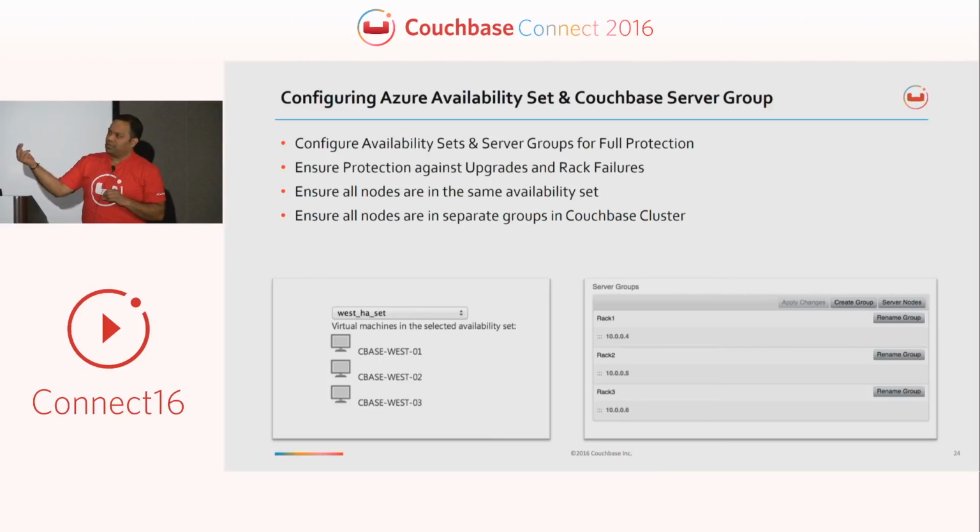In the Couchbase cluster, you could create 2 server groups, group 1 and group 2, and put the 3 servers in one group and 3 servers in another group. By doing that, when you create a replica factor of 1, the replica of the first group will be in the second group. So even if I lose the entire rack because of a switch failure or some such case, you will still have 100% data availability, right?